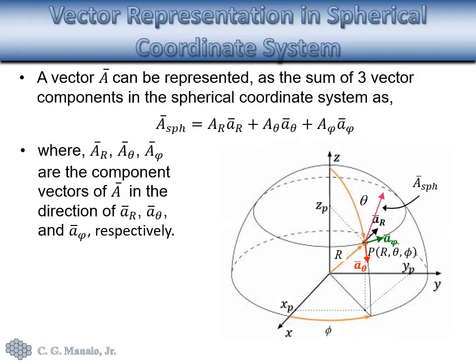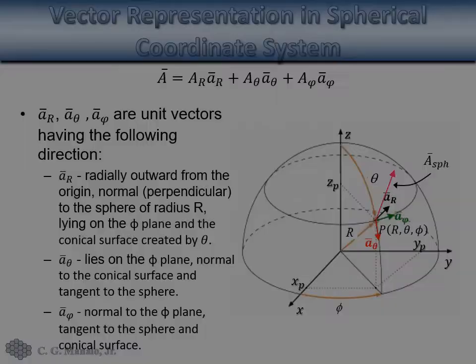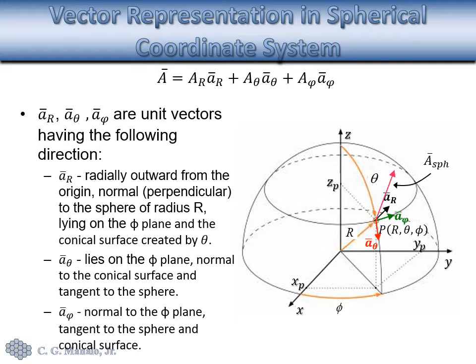A vector can also be expressed as the three-component vectors under the spherical coordinate system, and those components are along the direction a sub R, a sub theta, and a sub phi, where the capital letters A sub R, A sub theta, and A sub phi are the components of that vector. The direction of the three unit vectors a sub R, a sub theta, and a sub phi are defined as the following.